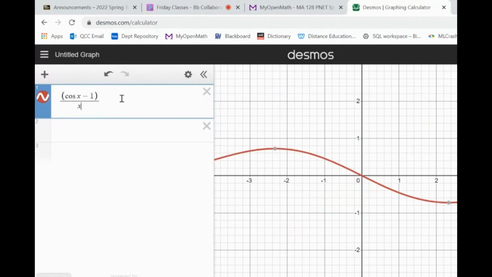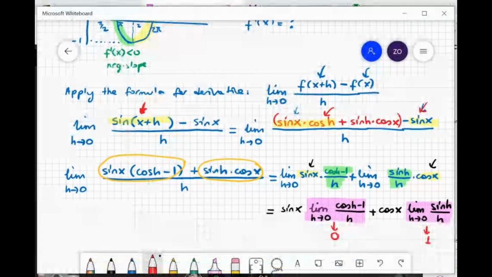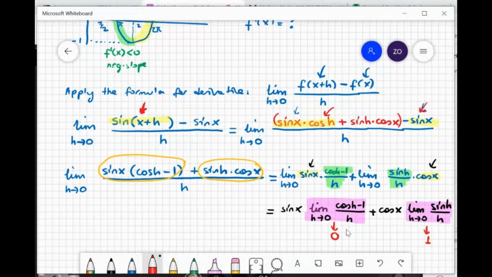So if you look at the second expression, we see that at 0 it is undefined because the denominator is 0. However, for very close x values, the y value is 0. So we can say that this limit is 0.